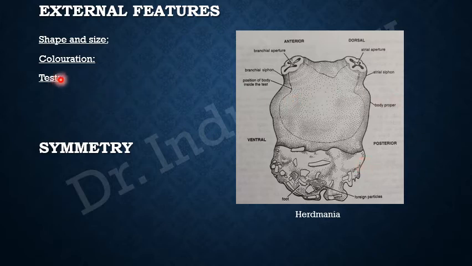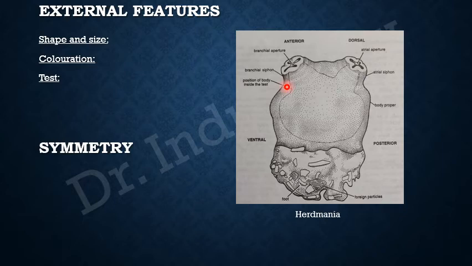The test, as I've told you, is the outer covering of the animal, and it has many things embedded in it. The test is constituted of the matrix, like the general base of the layer, and in the matrix are embedded the cells.